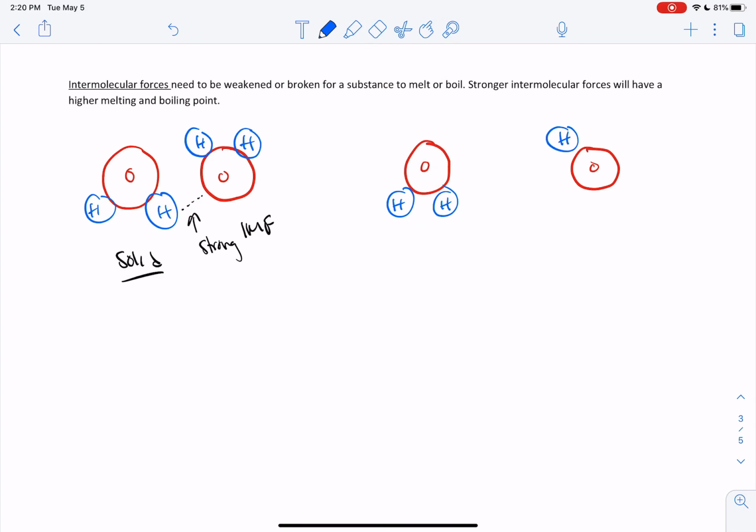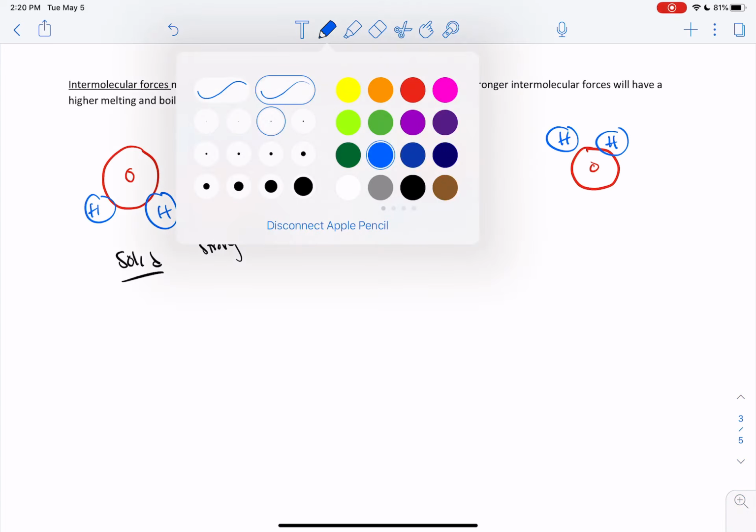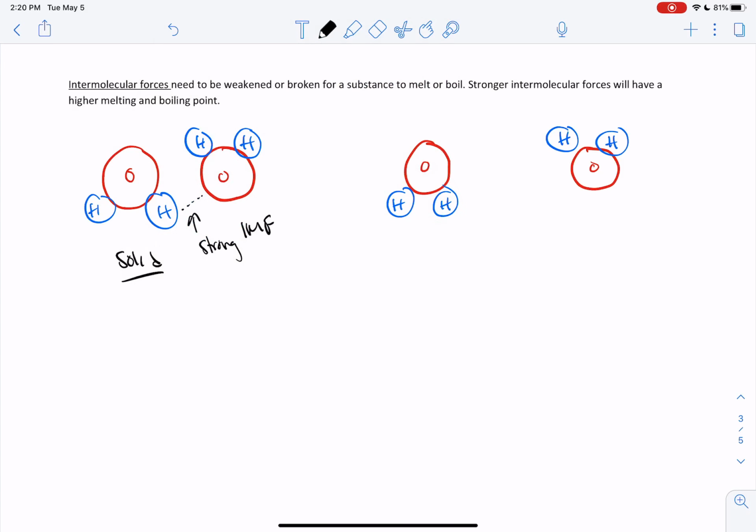Okay, so we still have this interaction between the hydrogen and the oxygen, but this is a weaker intermolecular force, right? Because they're further away, it can't be as strong. So this is the liquid state and has a weaker intermolecular force, okay?